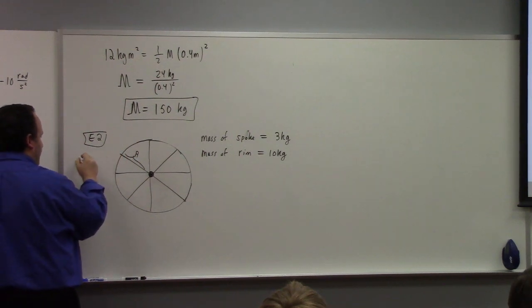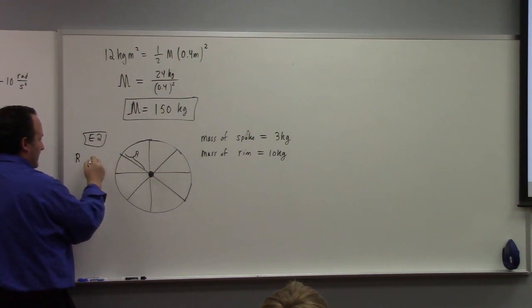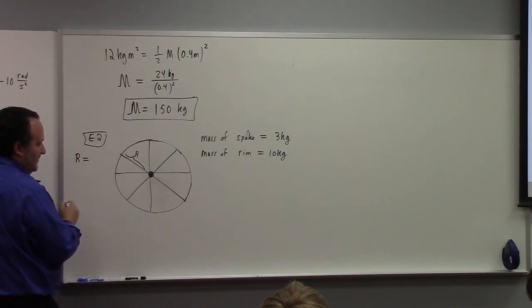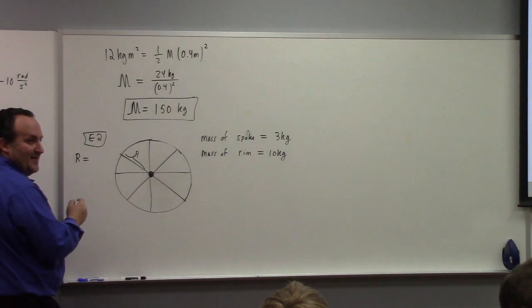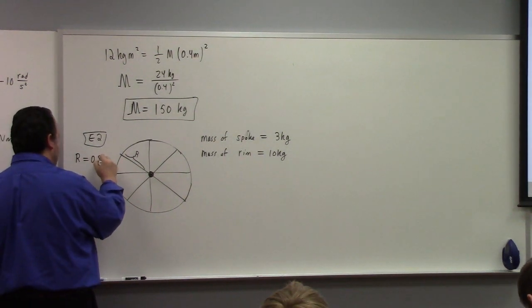And I'll put a number in since I'm feeling numerical today. Let's say r is, what's a good radius for a wagon wheel? It's kind of before my time. Any of you farmers? No? Half a meter, okay, 0.5 meters it is.